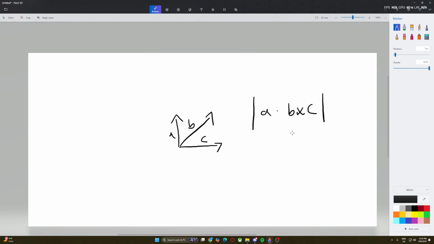Anyways, the reason why this is the case is first, B cross C would get you an orthogonal vector. It's hard to draw. Maybe I'll just get two better vectors.